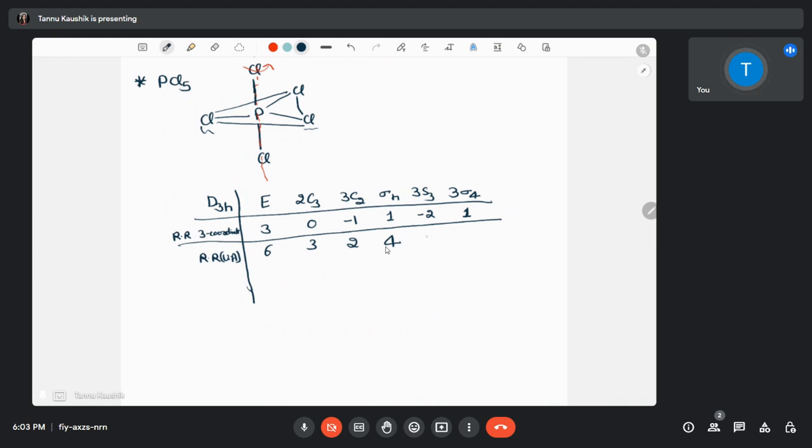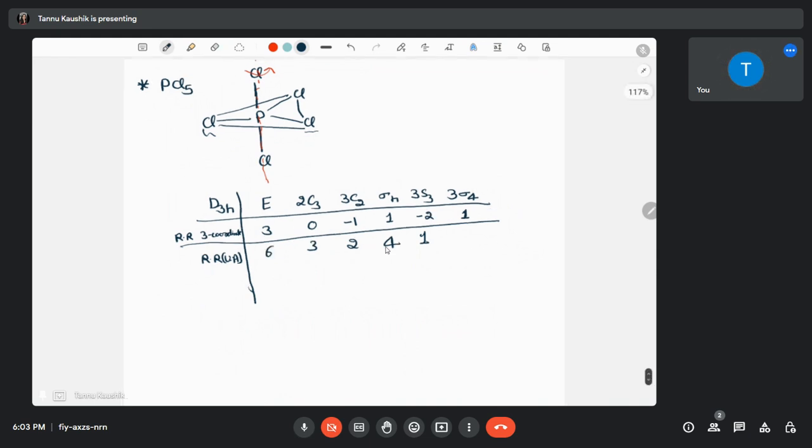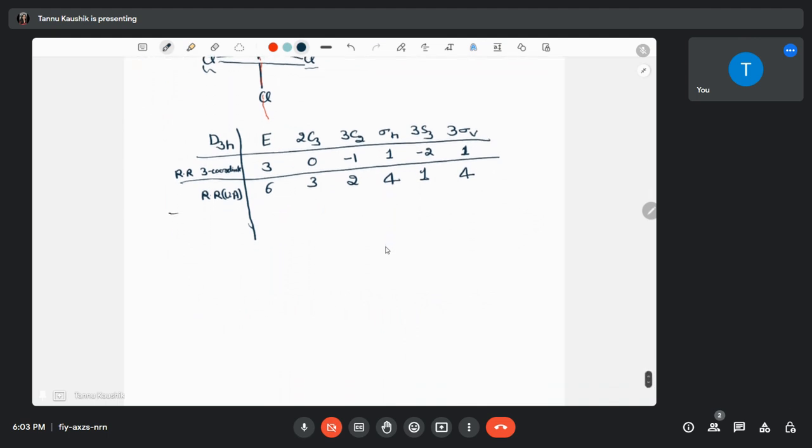And for S3, only 1 atom will remain unchanged, which is phosphorus. For sigma v, again, 4 atoms will remain unchanged.